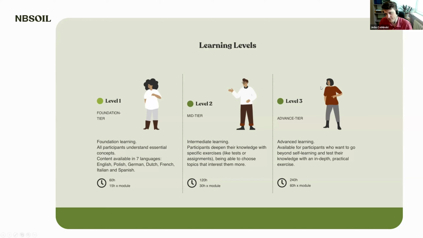Then we have level 3, the advanced tier. It is advanced learning available for participants who want to go beyond self-learning and test their knowledge with an in-depth practical exercise. This level is a 60-hour level with more advanced content.